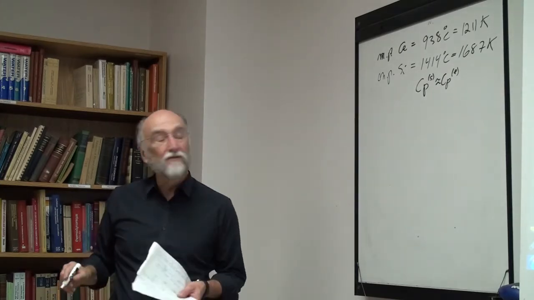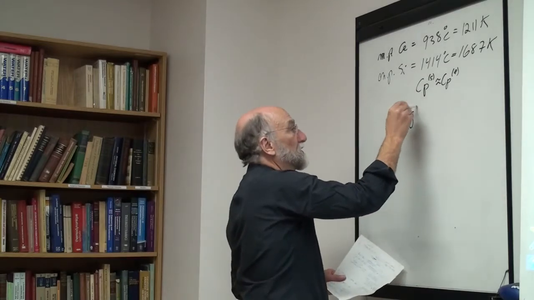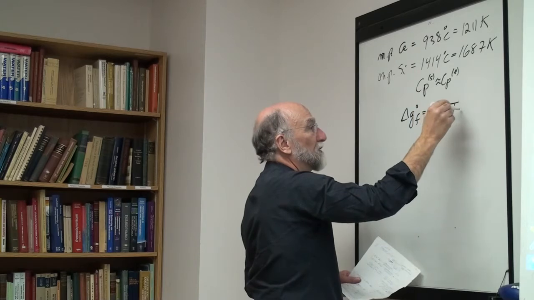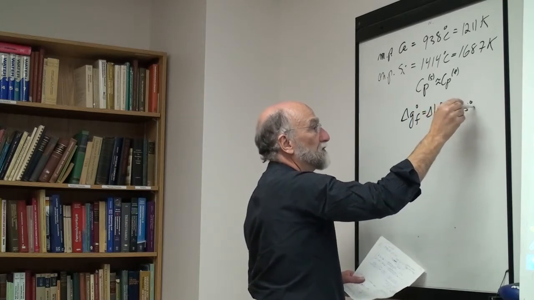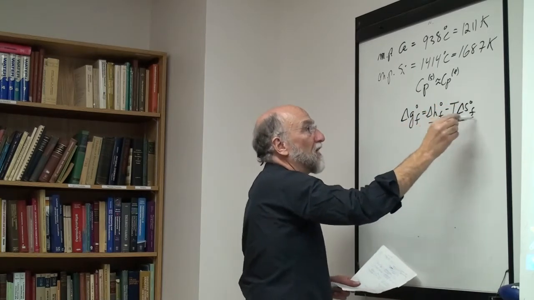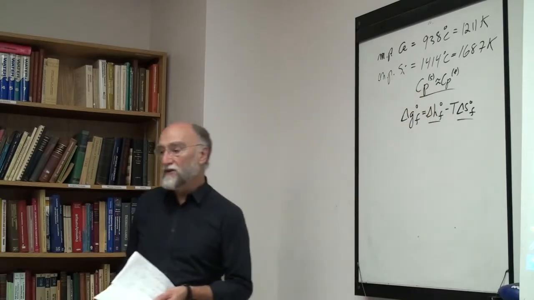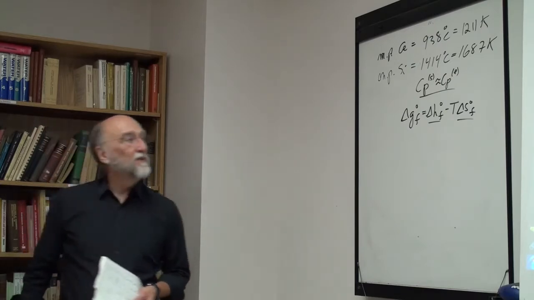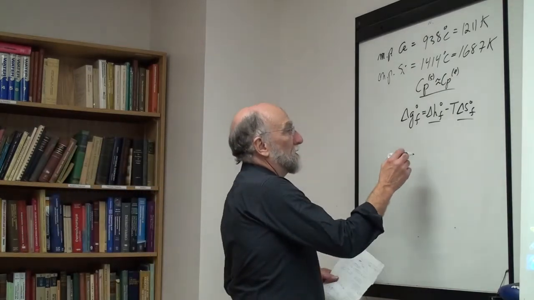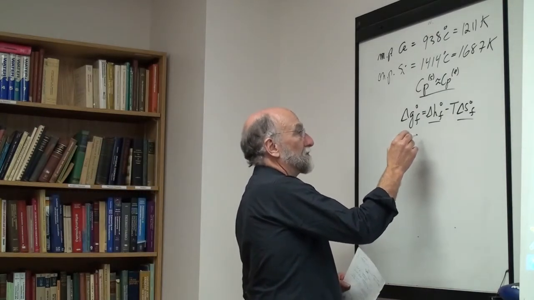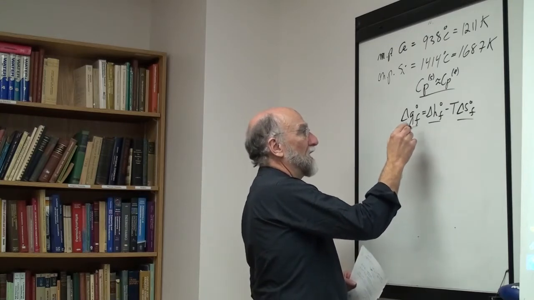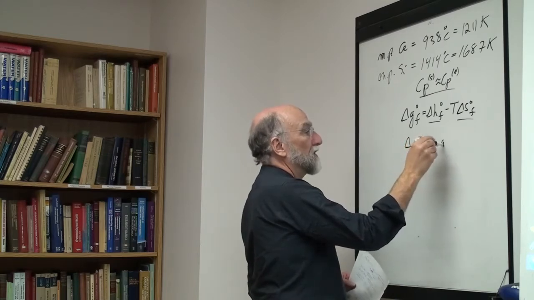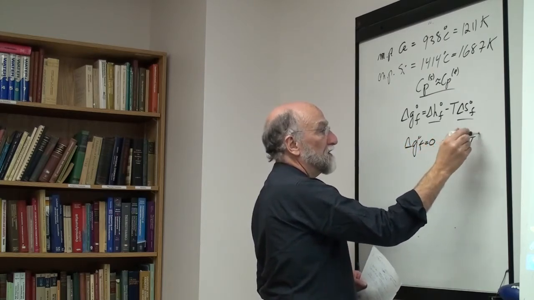This simplifies life. In that case, the Gibbs energy of fusion is equal to the heat of fusion minus T times the entropy of fusion, delta G equals delta H minus T delta S of fusion. Where now, if the CP liquid equals CP solid, the heat and entropy of fusion are temperature independent. And delta G naught of fusion equals 0 at T equals T naught fusion.